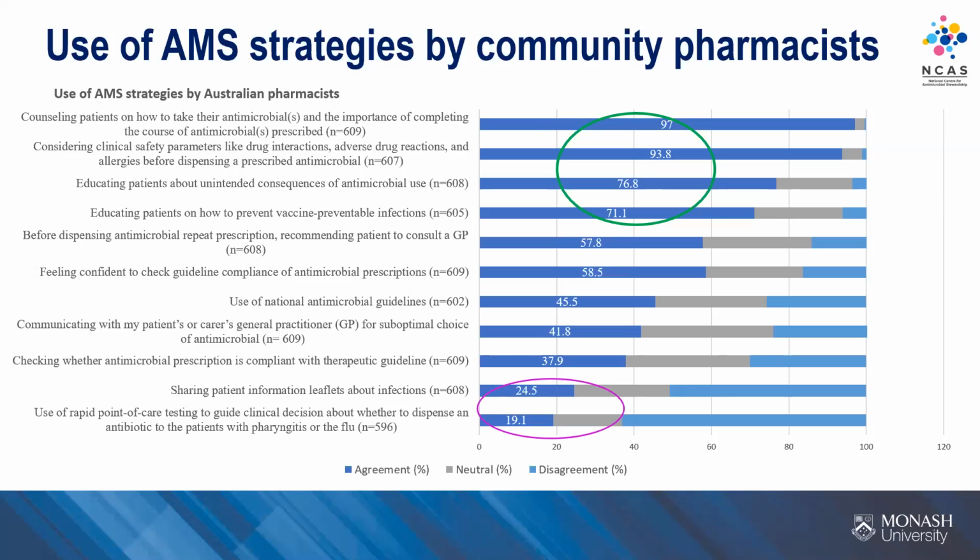So do community pharmacists really communicate with GPs in relation to AMS? This is significantly lacking, and only a little more than one third of pharmacists communicated with their GPs if they believed that the choice of antimicrobials was suboptimal.